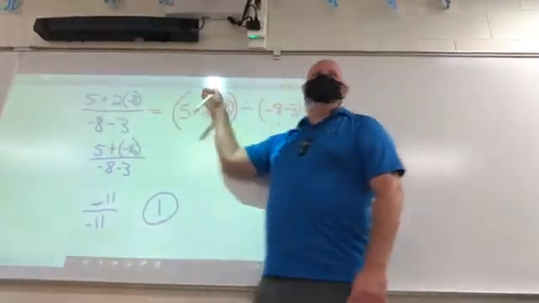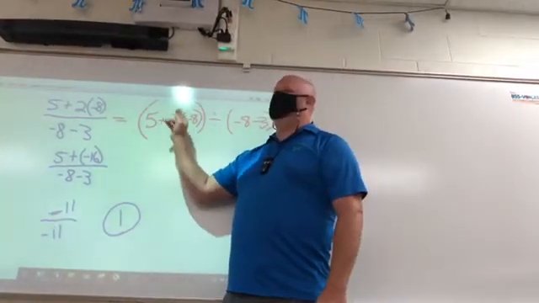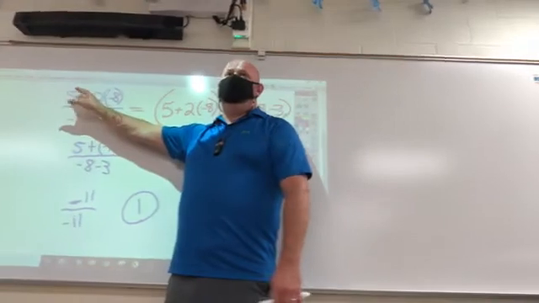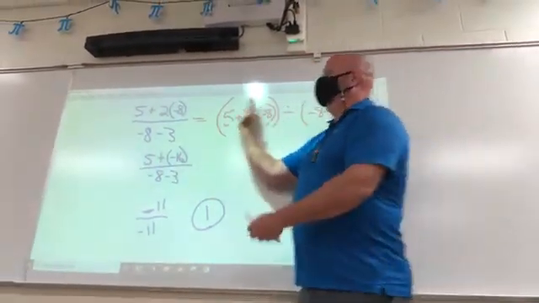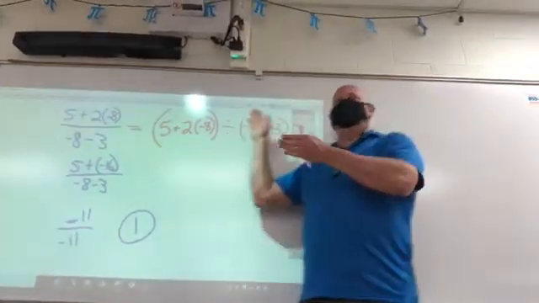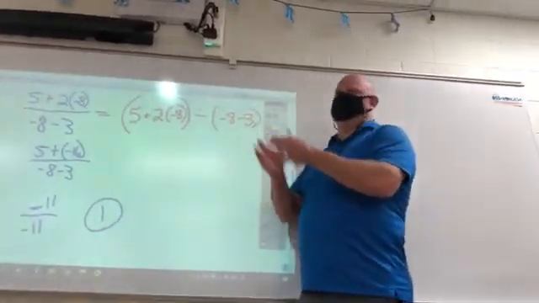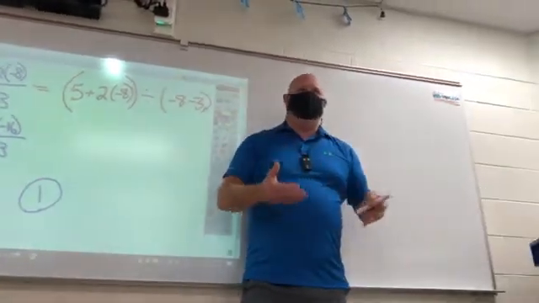This problem and this problem are the same problem, right? It didn't look like we had parentheses to take care of, but in all reality we did. We had to take care of the whole top by itself, and then the whole bottom by itself, and simplify them before we did the division. Does that make sense?